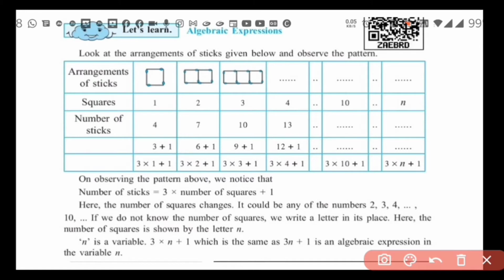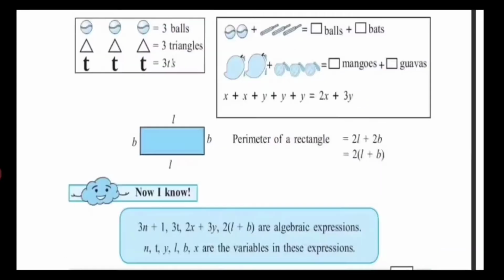This is known as an algebraic expression when there is a variable, when there are numbers, and when there is a plus or minus sign. Sometimes only 3n also can be said as an algebraic expression. If you write only 3n, this is also an algebraic expression. And when you write plus 1, plus 2, plus 3, anything, that is also an algebraic expression.